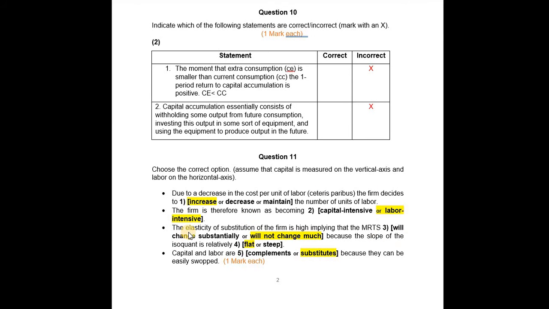Okay. The elasticity of substitution of this firm is high, implying that the MRTS will change substantially or will not change much. Because we said this firm will be labor intensive, therefore the slope of this graph that we were told to assume, a certain graph was given, you can also draw it on your paper and see how it works.